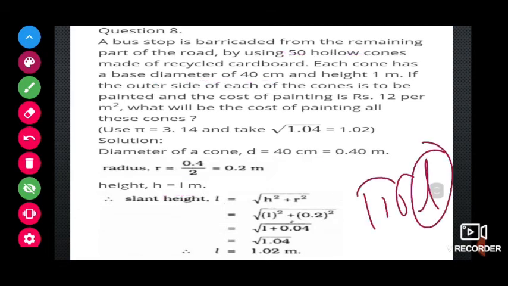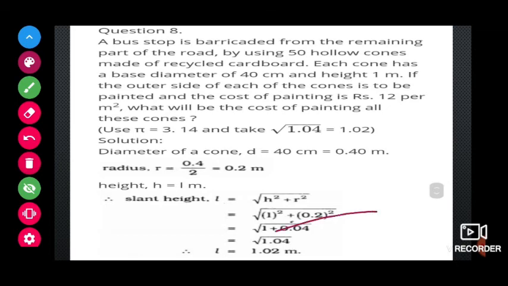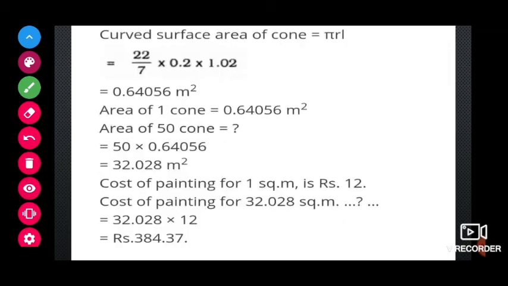So here I have to find the slant height L by using the formula root of H square plus R square. That is root of 1 square plus 0.2 square, we will get 1.04. What is the square root of 1.04? It is 1.02 meter. After finding the slant height, pi R L gives the curved surface area.